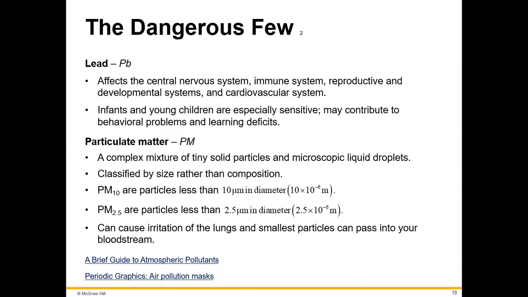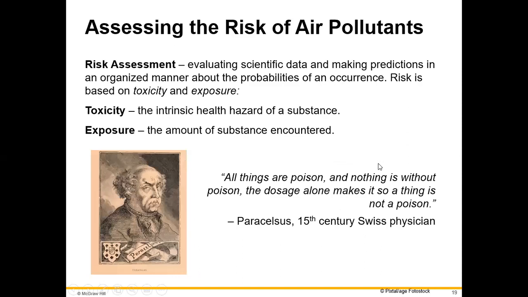Then lead, that's not a compound, that's an element, right? But lead is really nasty stuff, and you don't want anything to do with any lead. And then particulate matter, PM, as your book calls it, this can just be any sort of debris, right? So this could be even just like your dusts and your dirts and that sort of thing, but it's tiny solid particles and microscopic droplets.